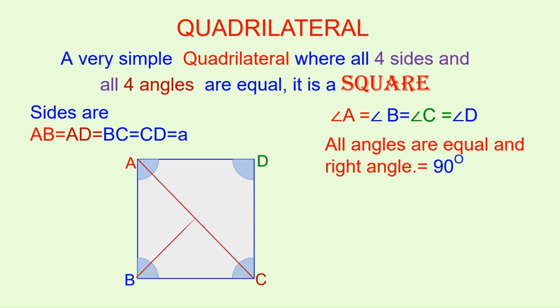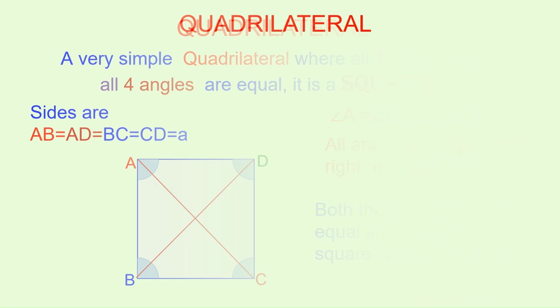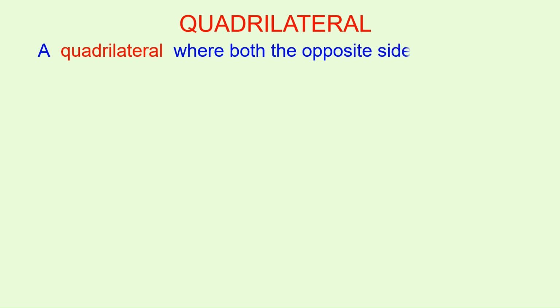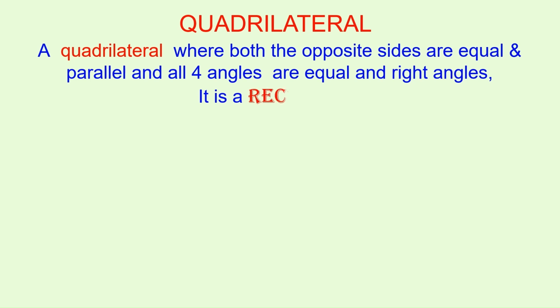All angles are equal, and a right angle equals 90 degrees. Both the diagonals are equal, and divide a square into equal parts. A quadrilateral where both the opposite sides are equal and parallel, and all 4 angles are equal and right angles, is a rectangle.